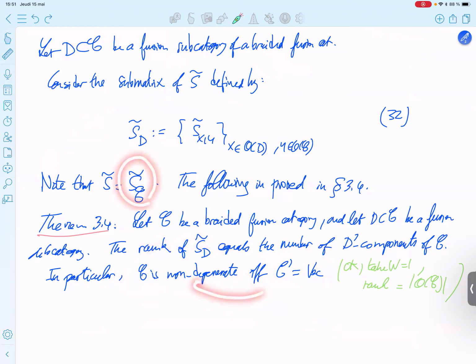So the rank should be everything. And it should not be complicated to see. If the rank is everything, it means that two different simple objects cannot be equivalent.